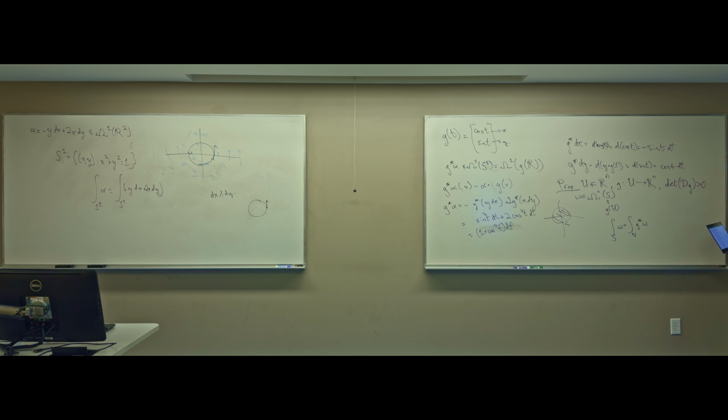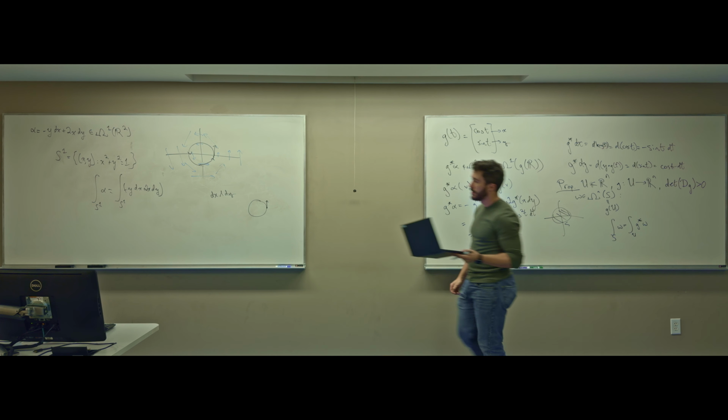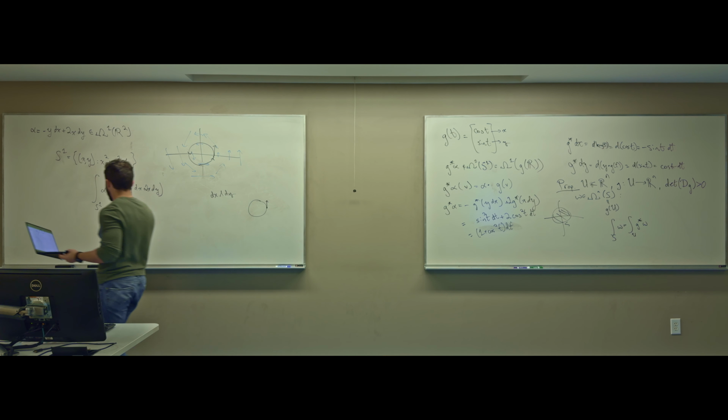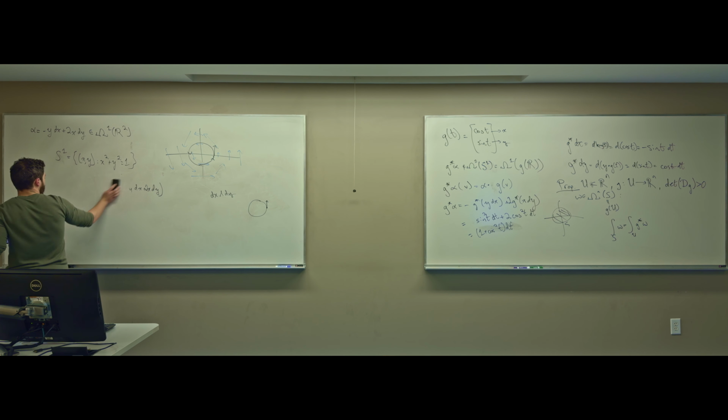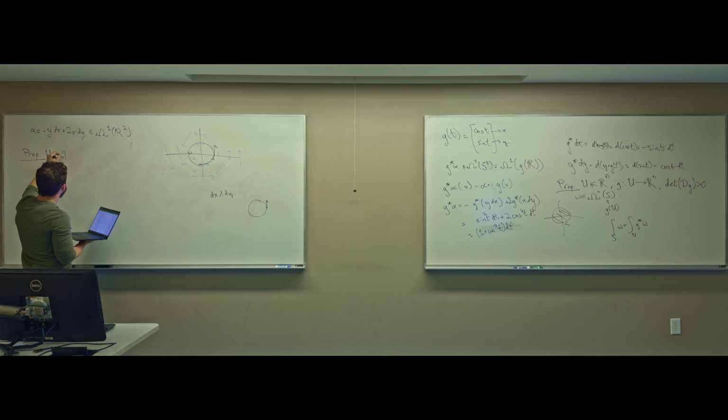Okay. And you can generalize this and say the following. Because we want to do it for submanifolds of a different dimension than the whole space that they're embedded in. So if you have U in Rk, so this k may be different than n.